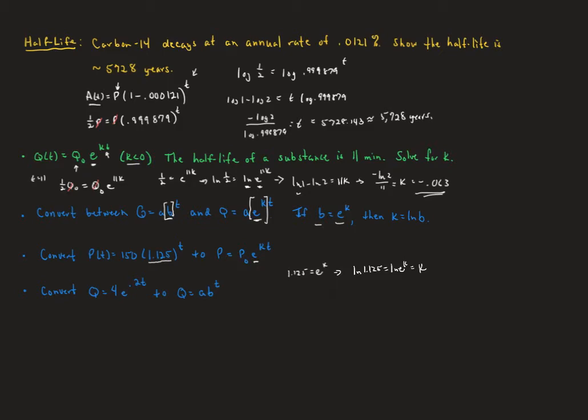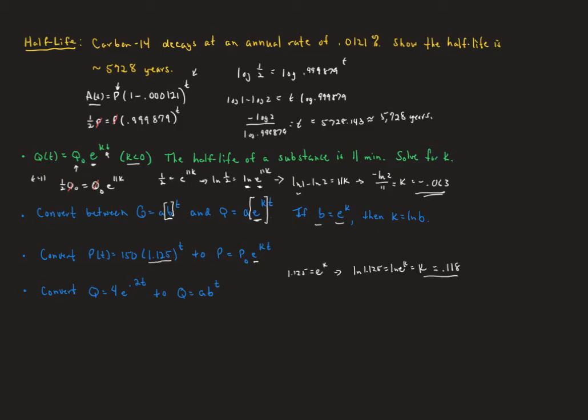And on our calculator, if we take the natural log of 1.125, then we'll get 0.118 to 3 decimal places. And it's positive because this is growth, because our original was 1.125.